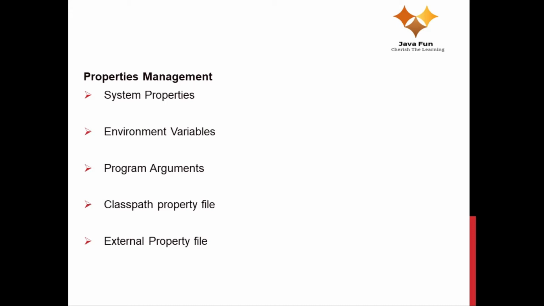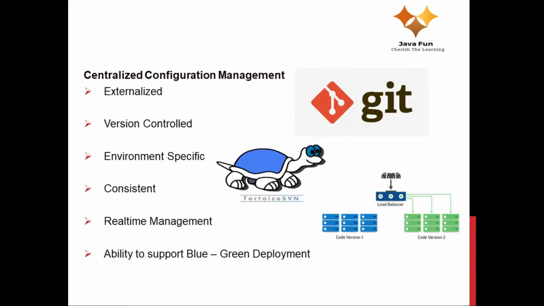Now that properties file may be present within the classpath of a service, or it may be a completely external file which may be read by the service itself, and then it parses the properties and sets them as system properties. So let's see, when we go to an example, how we can specify the properties as part of config server and how we can utilize it.